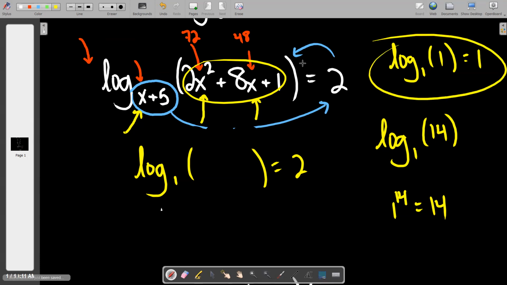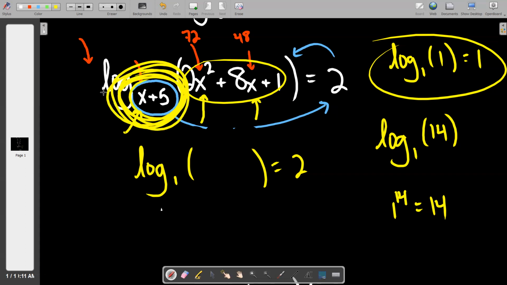So we have found the one instance in which it's true, but by definition, a log of 1 is not allowed. As soon as you found an answer that makes this base equal 1, then you can cross that one off and not even worry about whether or not the rest of it makes sense. Is that acceptable for now? Terribly unacceptable, but acceptable.